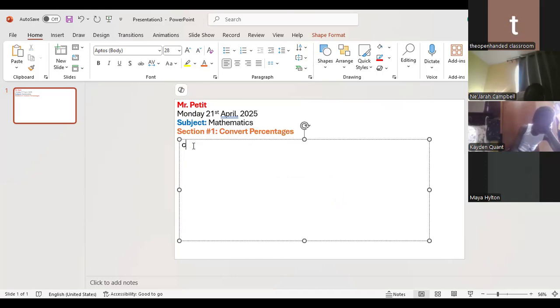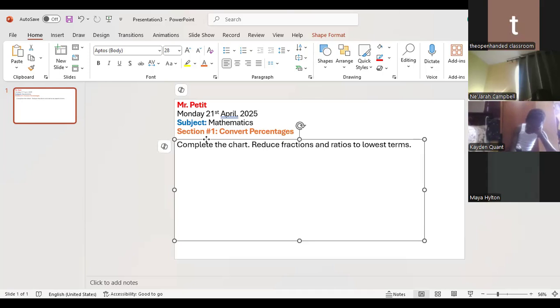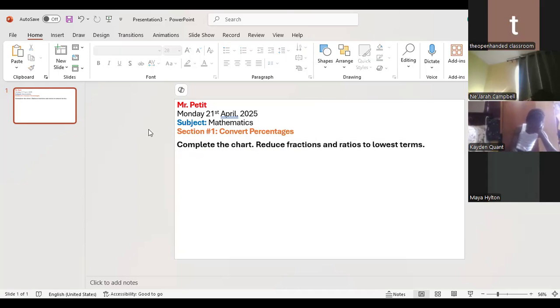The question says complete the chart. Reduce fractions and ratios to simplest or lowest terms. So complete the chart, and we want to reduce the fractions and ratios to the lowest terms. That's what we want to do today.